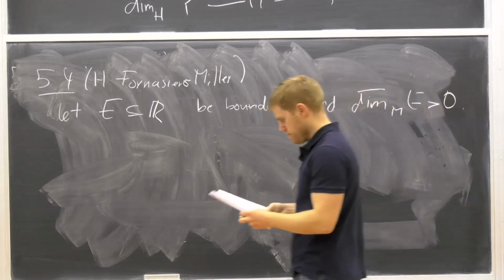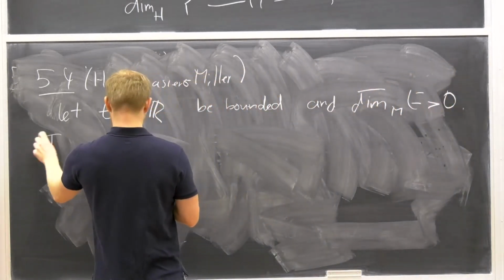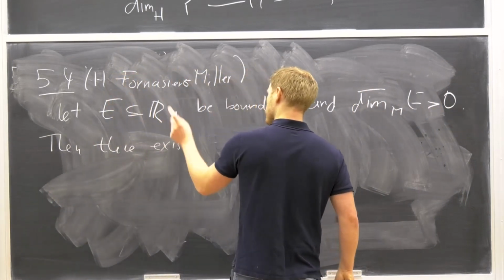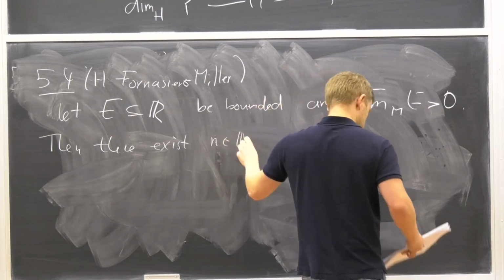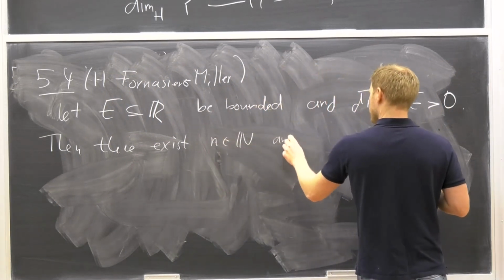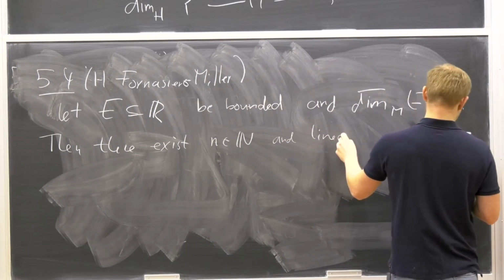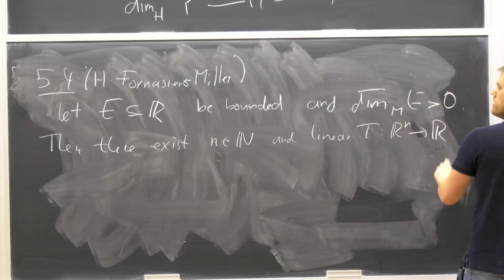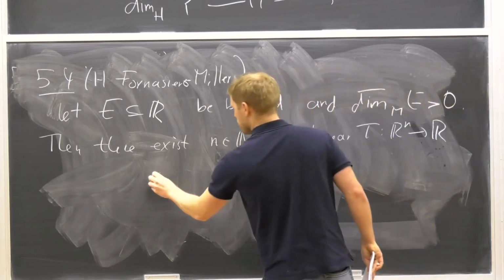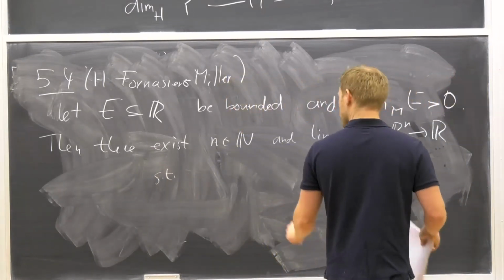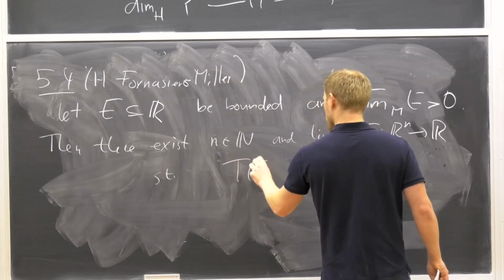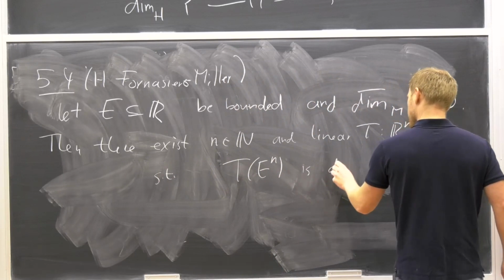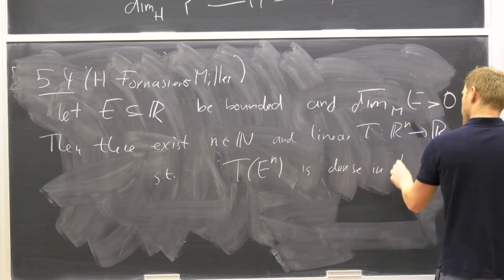Then there exists, and this is essentially what we showed, but we want to do something slightly stronger, there exists N and a linear T from R to the N, such that, it would be awesome if this is true, T of E to the N is dense in R.